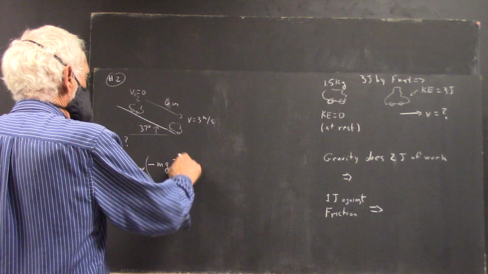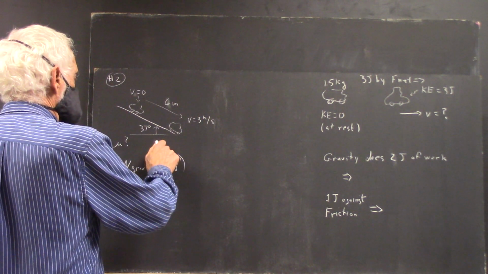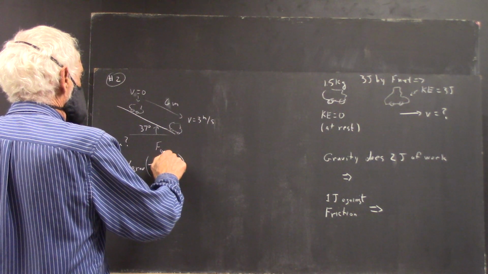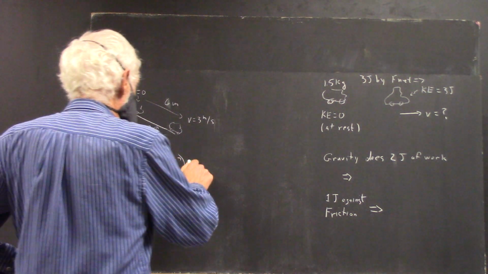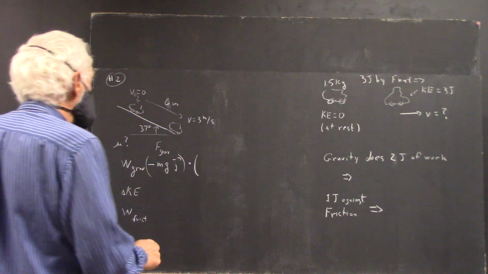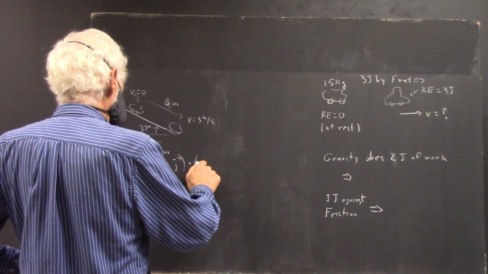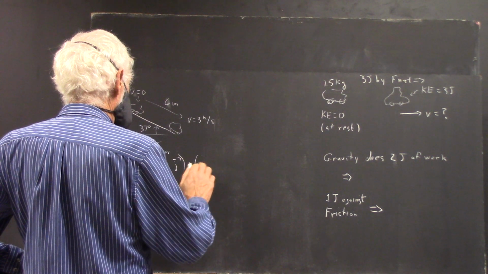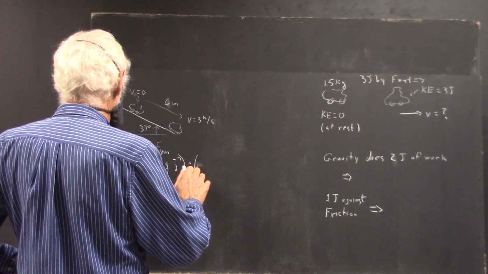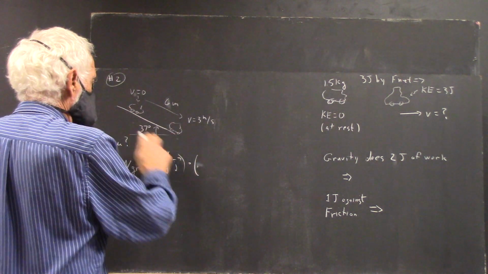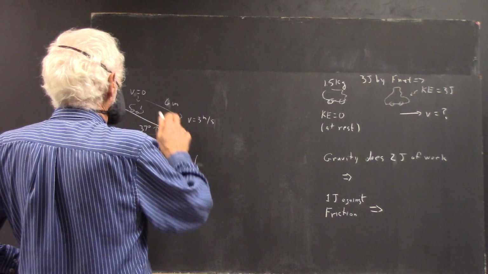negative mg j, which is your gravitational force, dotted with your displacement vector, which is 6 meters.